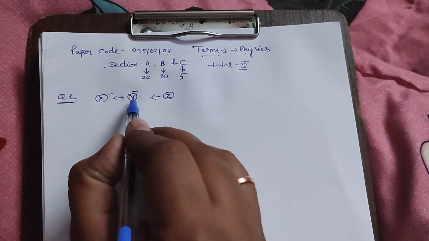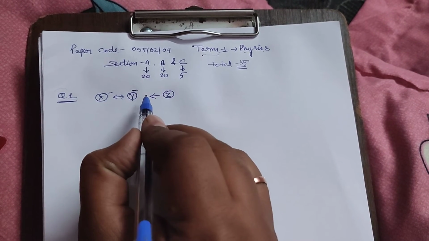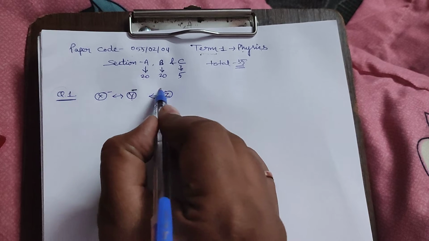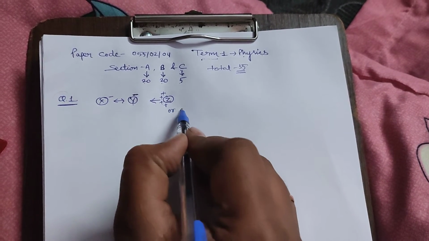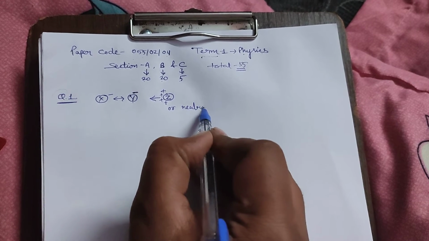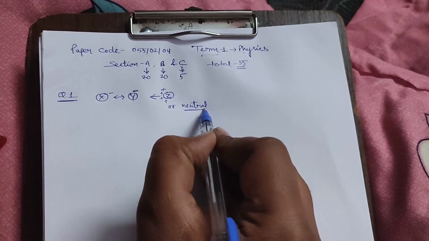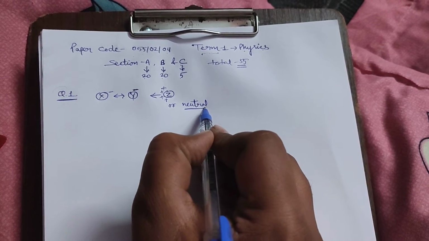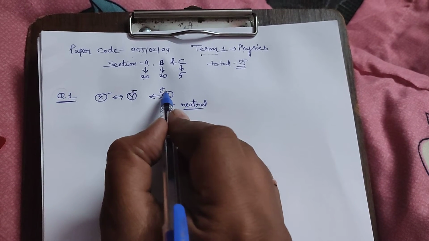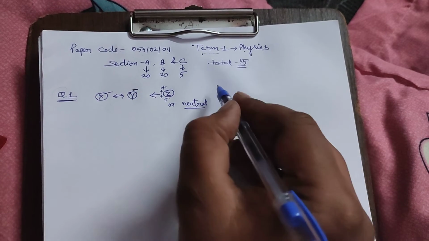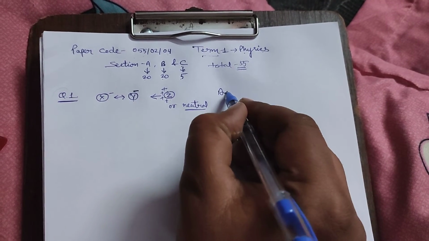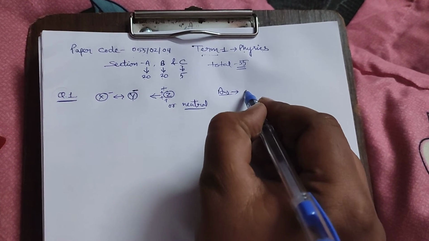If Z is attracted towards Y, it is only possible when Z is positively charged or neutral. Because when Z is neutral, then due to charging by induction, opposite charge is produced on its surface and it starts attracting towards Y. So the correct option is C.